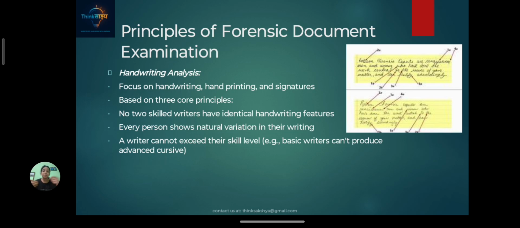I cannot be very smooth, I cannot do calligraphy, or write in advanced cursive. So third is that a writer cannot exceed their skill level. These were the principles on which we examine any questioned document: the authenticity, tampering, and the handwriting analysis. Under handwriting analysis, signatures are also included, and the normal handwriting features, which we will be studying further.